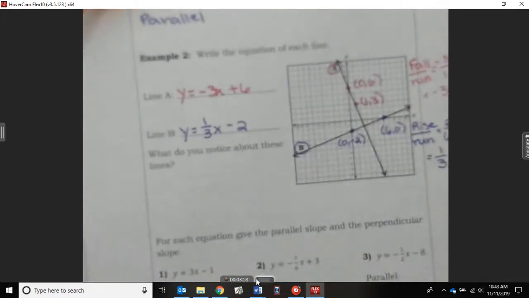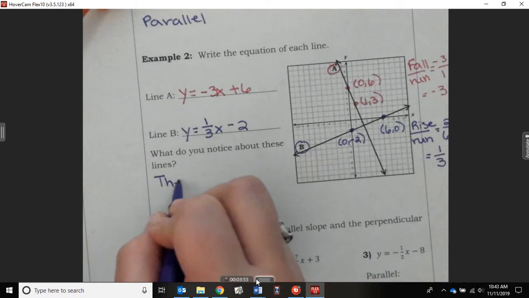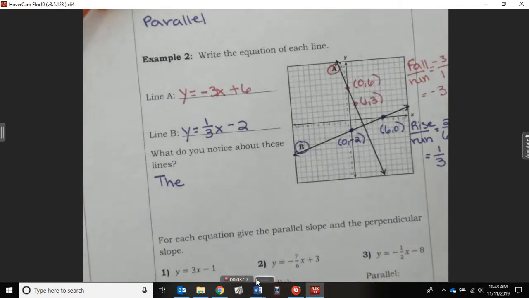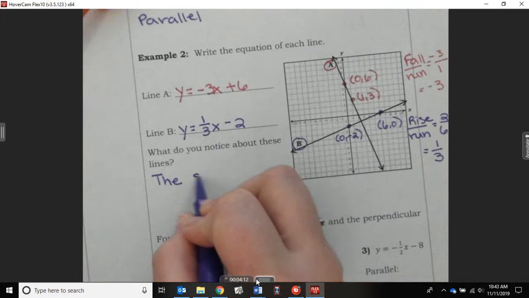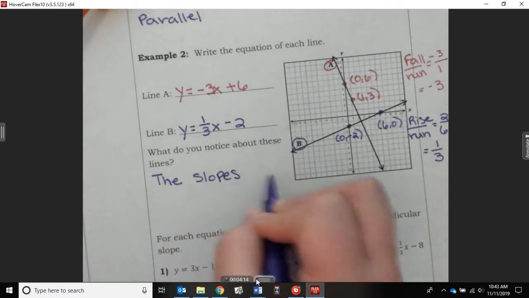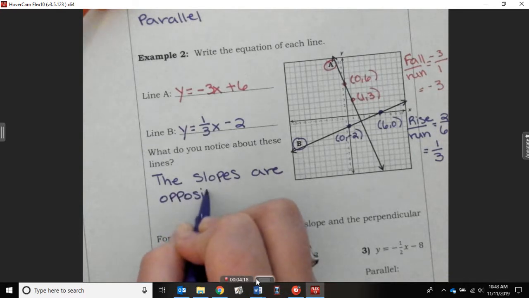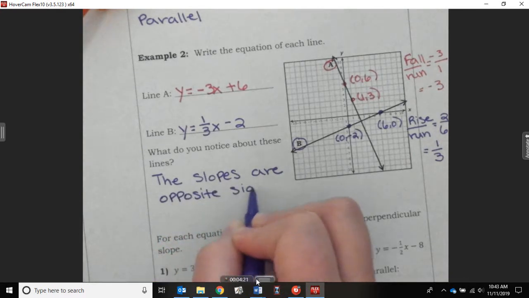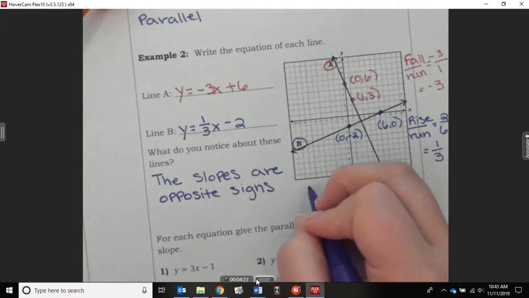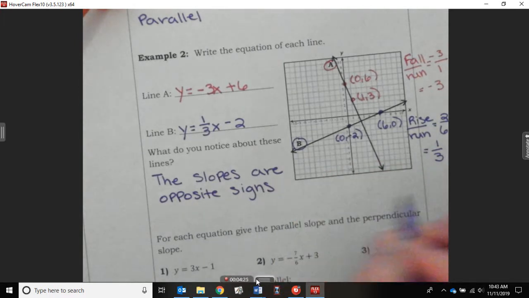Now these lines, their slopes are opposite reciprocals. That means that the fraction got flipped upside down. So here I had negative 3 over 1, and that flipped upside down to 1 over 3, and the sign changed, which means they are opposite reciprocals. So these slopes are opposite signs, and that means that the lines are perpendicular.